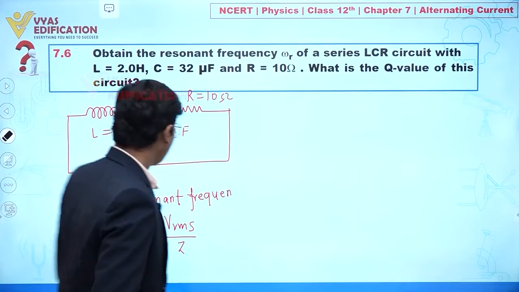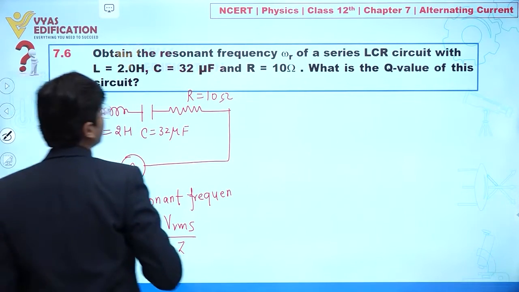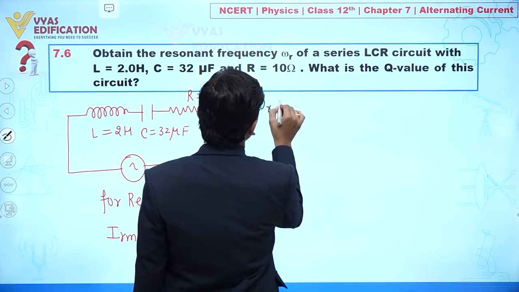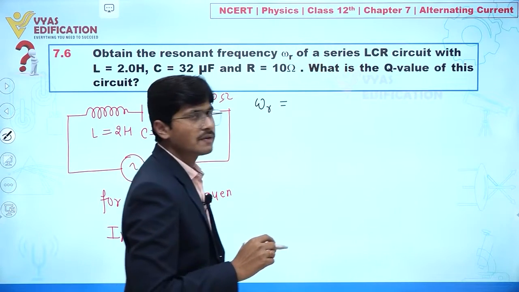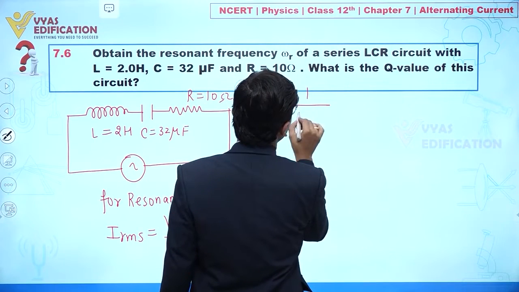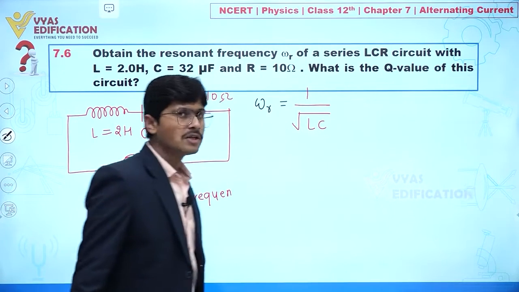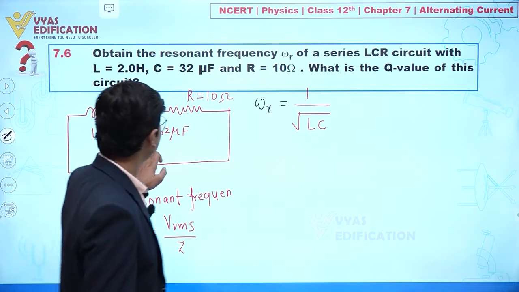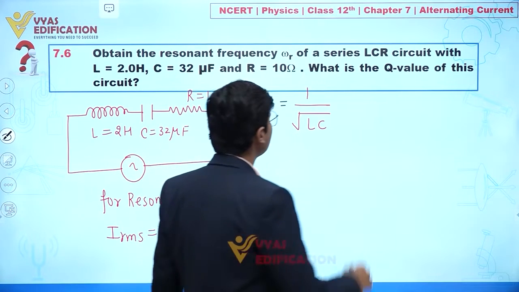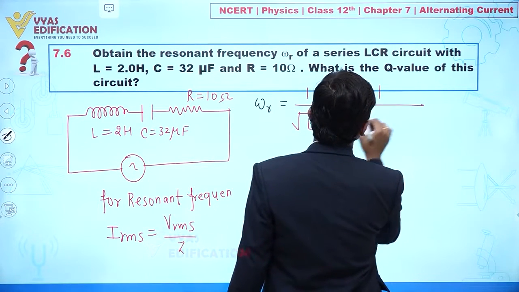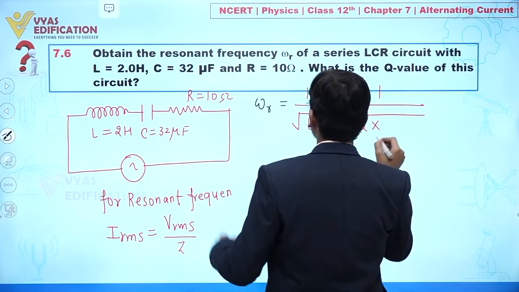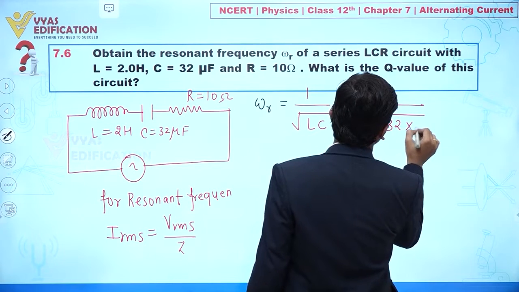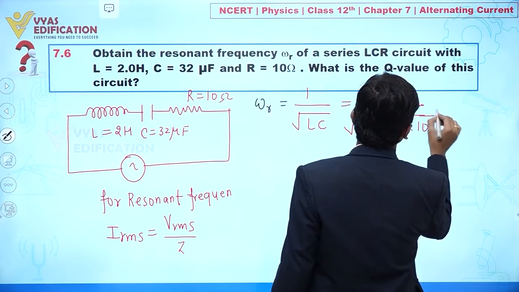Yes. Now we know the formula of resonant frequency. Resonant frequency is given by 1 upon under root of LC. Clear? Now what is the value of L? We have 2, and what about C? That is 32 microfarad. So we can write 1 upon under root of 2 multiplied by C, which is 32 into 10 to the power minus 6.